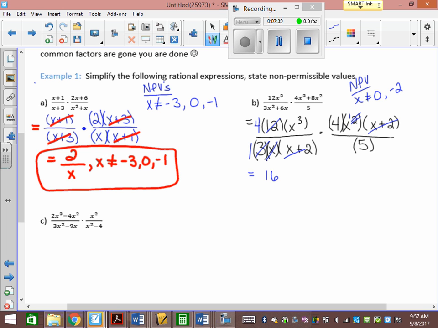Okay? So you actually add the exponents because you're adding them up. This would have an X times an X times an X. And this is an X. How many X's is that? 4. So that's why. And then on the bottom, you're just going to have 1 times 1 times 1 times 1 times 5. And then X cannot equal 0 and -2.